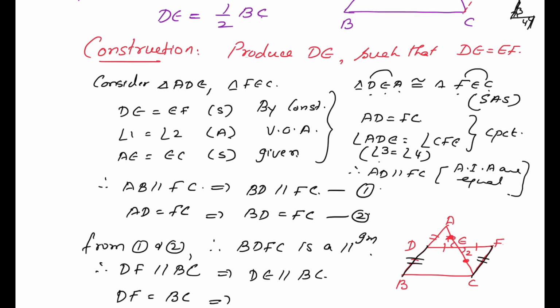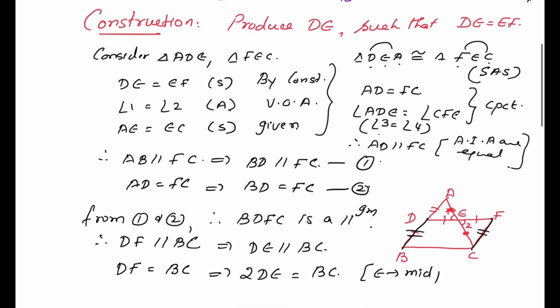DF can be written as twice DE, because E is the midpoint of DF by construction. So, twice DE equal to BC. The reason: E is the midpoint by construction. Therefore, DE equal to half of BC. So, DE is parallel to BC and DE is equal to half of BC.